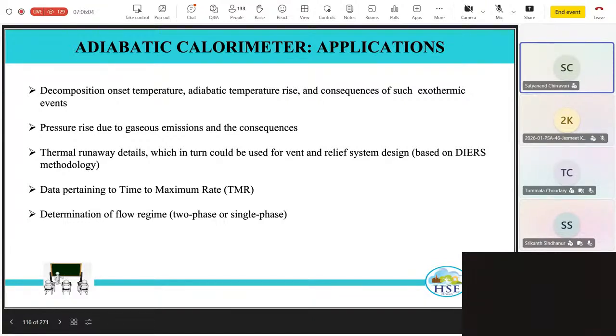Whereas in case of your plants, you must be handling 5 KL, 20 KL, like that, right? I don't think you must be handling 100 meter cube or 200 meter cube reactors. I don't think so, right?